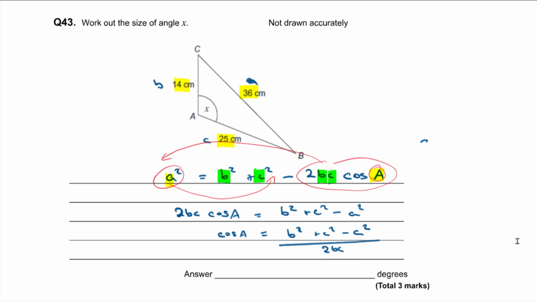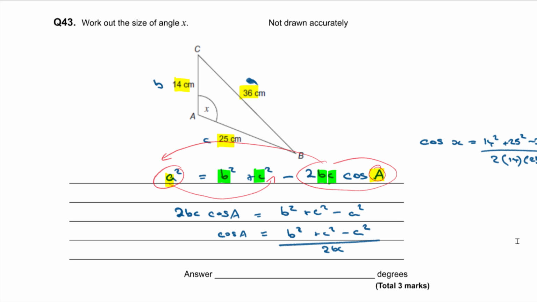So cos X is what I want to find. B squared, 14 squared, C squared, 25 squared, minus A squared, 36 squared, over 2 times B, 14, times C, 25. I think I could type all that in one go into the calculator.